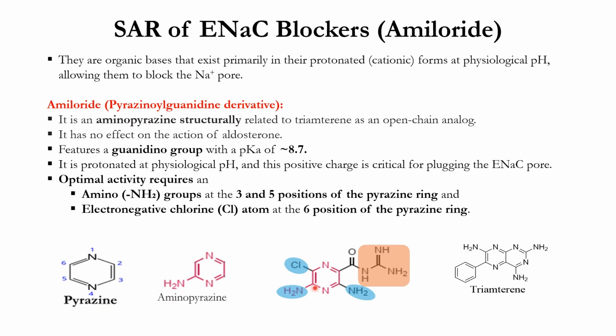So this is what can give the optimal activity of amiloride. So the presence of amine groups at position 3 and 5 and the chloride at position 6 of the pyrazine ring system is a requirement for the optimal activity of the drug to bind to the epithelial sodium channel.